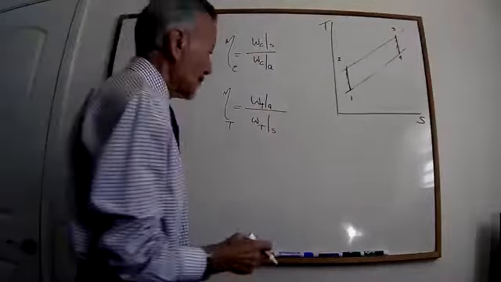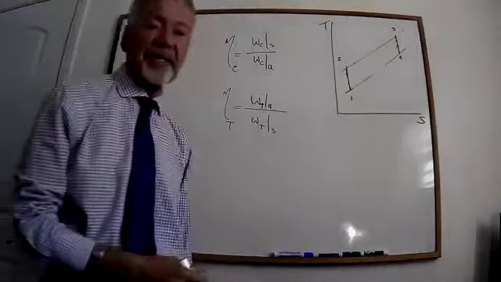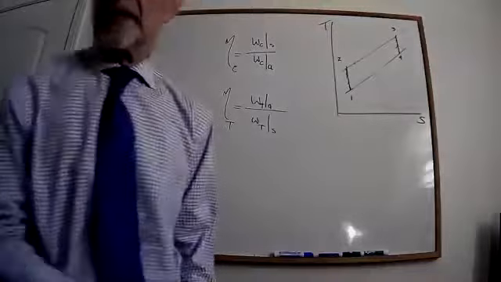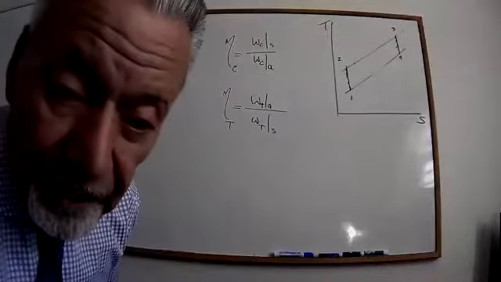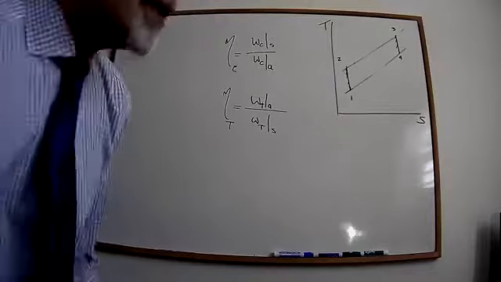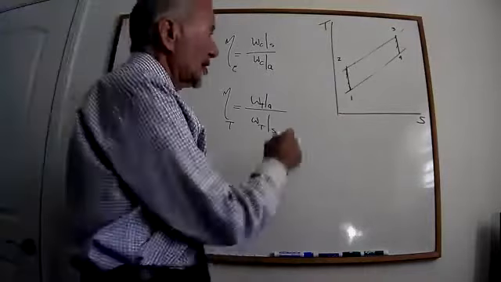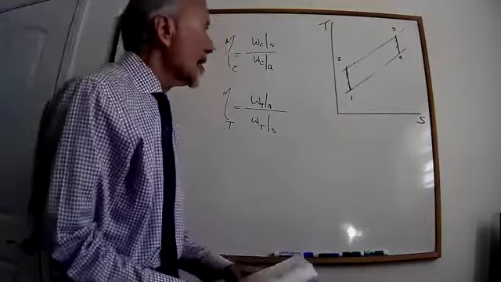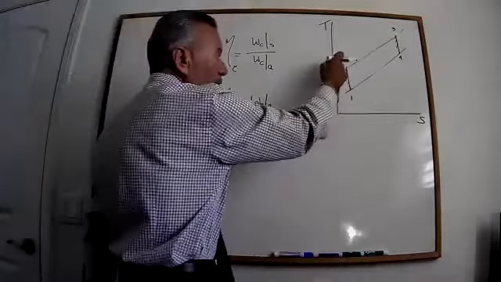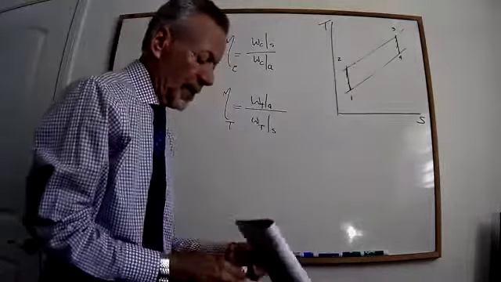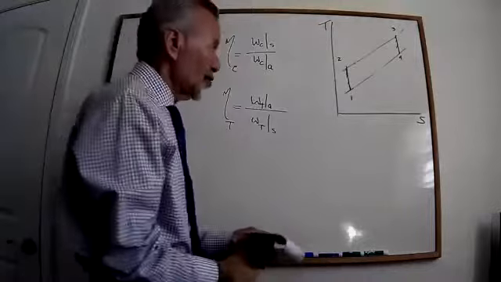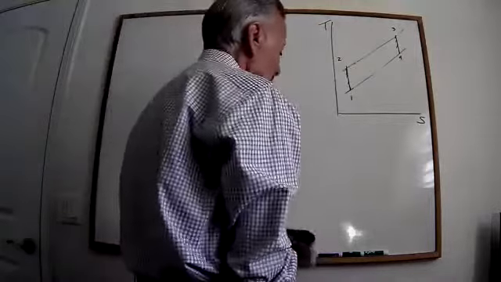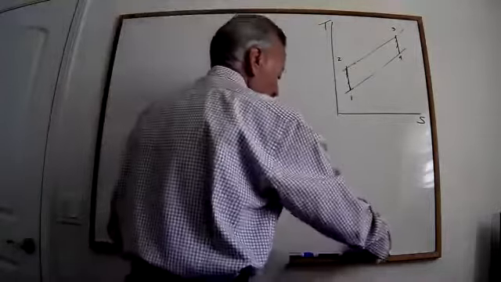Now, when you look at the TS diagram, point 2 is isentropic because 1 to 2 is an isentropic process.